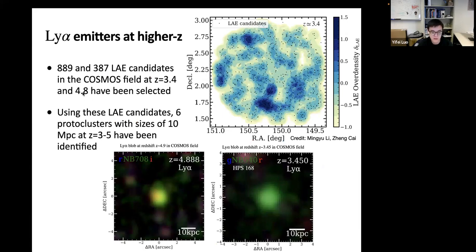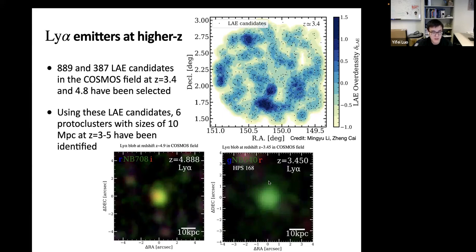With the existing Merian photometry, we used Keck and also DESI to observe a few hundred Lyman alpha emitter candidates, and we got a pretty good success rate. Here are two examples of those Lyman alpha emitters.